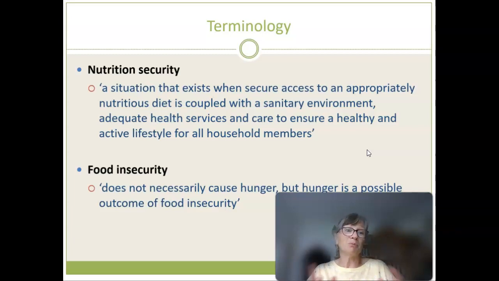So to me, this is a bit broader than nutrition. But the focus here is on the nutritious diet. And food insecurity also is seen as not something that necessarily causes hunger, but hunger is a possible outcome. So we'll go on and look at some more definitions to try and help us understand that a little bit more.